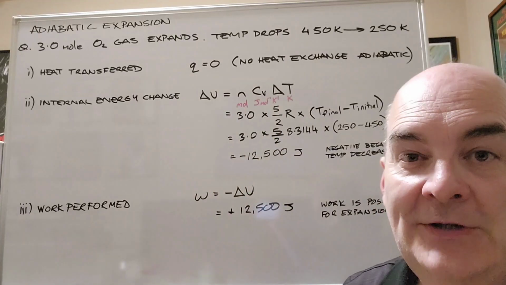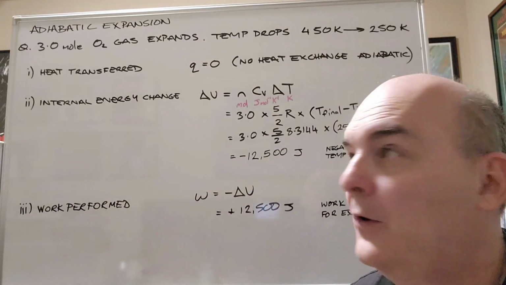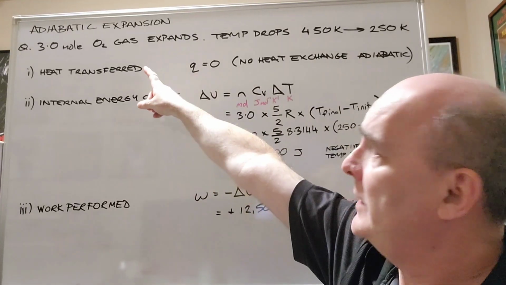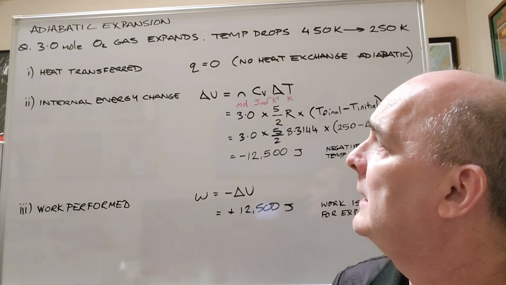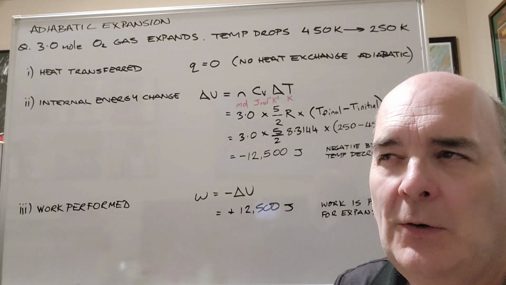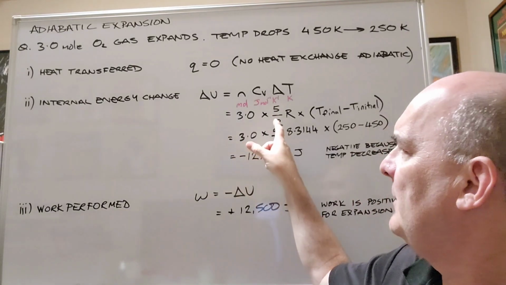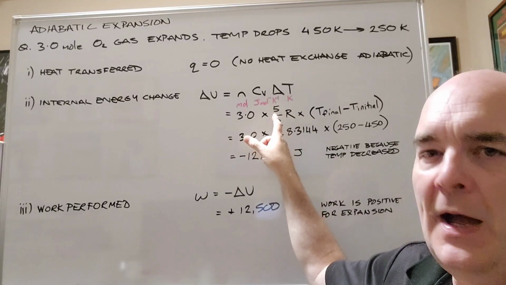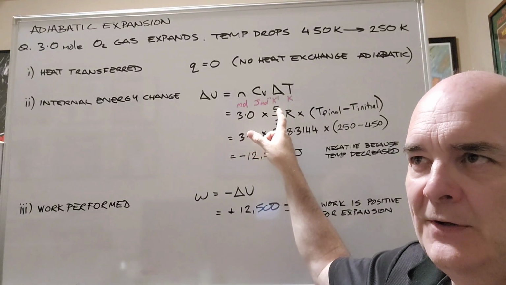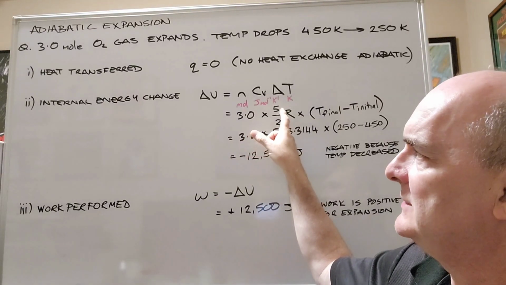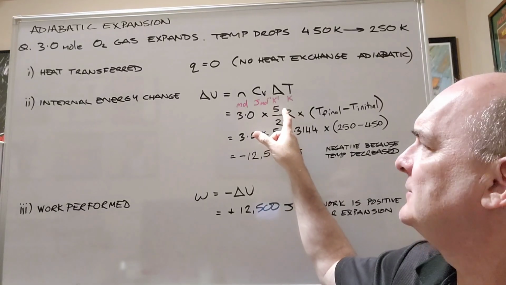Heat capacity is not something that we need to know because the question tells us that the gas is oxygen. So it's a safe bet that I have 5 degrees of freedom because dioxygen is a linear diatomic gas.